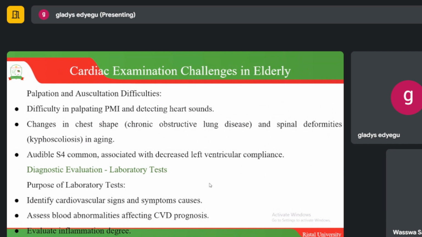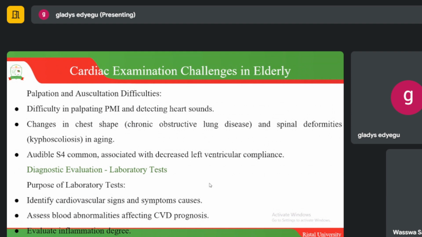Then there are changes in the chest shape; chronic obstructive lung disease can also be there. And then spinal deformities, kyphosis, can also be a problem. Scoliosis and kyphoscoliosis are conditions that always affect old age.